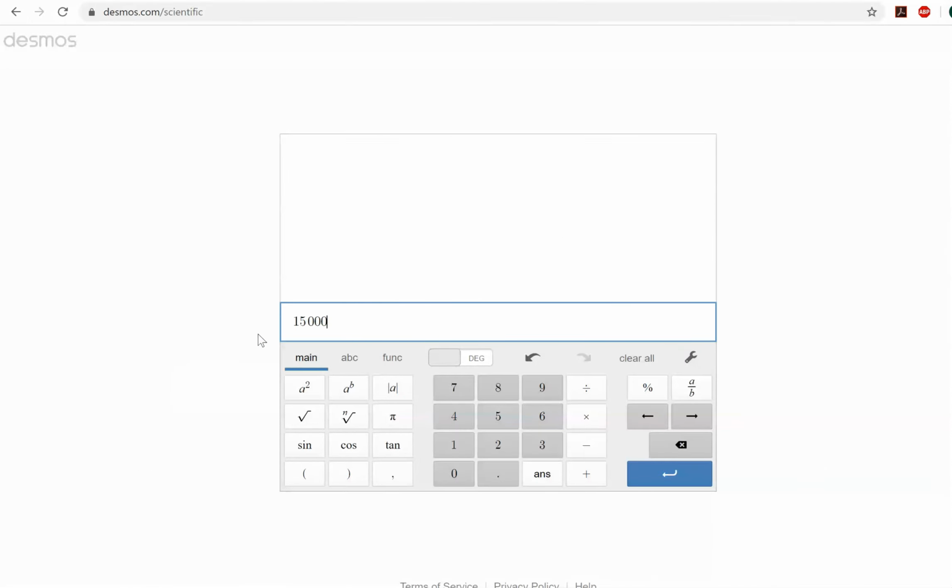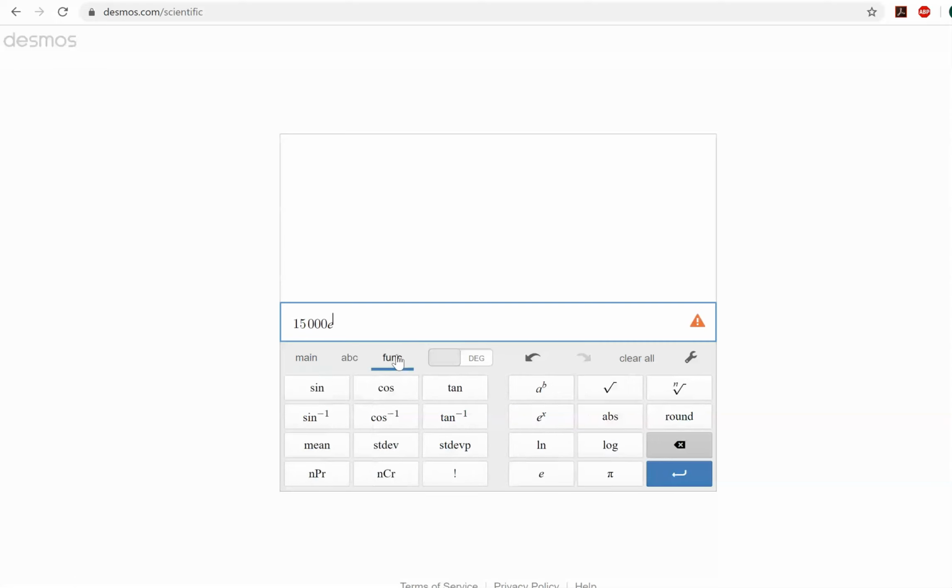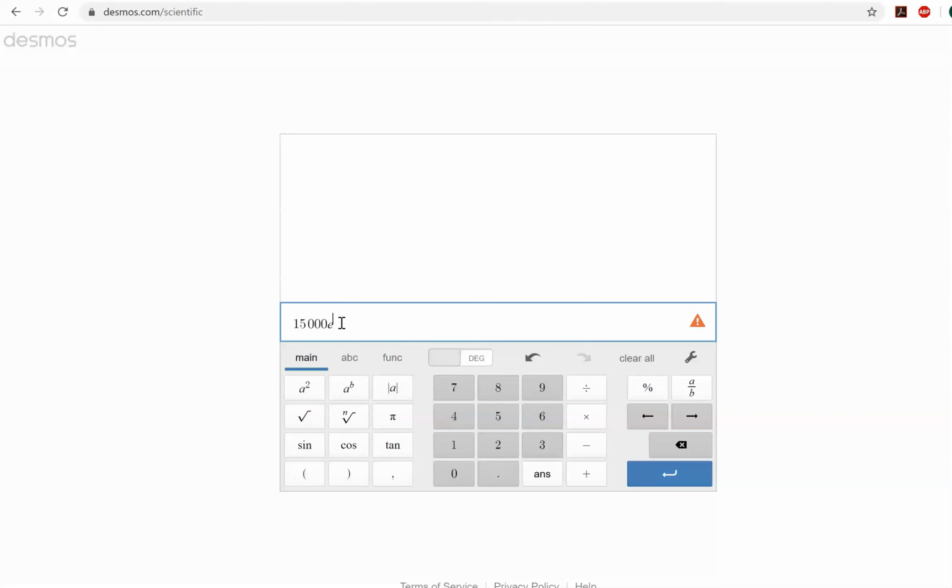Now you can either use e on your keyboard, so I could type e with the keyboard and then go to the exponent, or with the Desmos calculator, if you go to function, you can see this e to the x, and you can grab that. Either one will work. Typing an e from the keyboard, it'll know to use the math value of e.